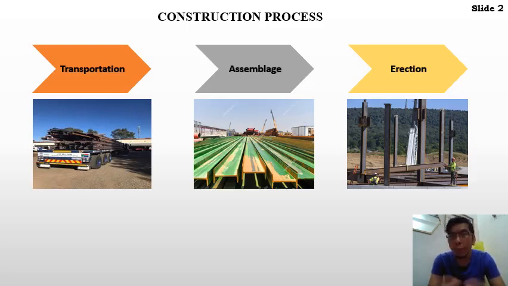So if you combine steel and also concrete, you are going to increase the performance of the overall structure. It means that it will have more strength, because you have extra support from the concrete.